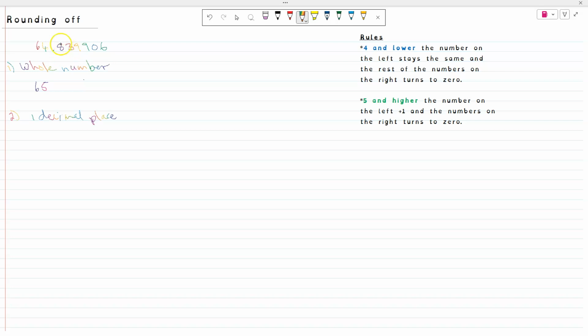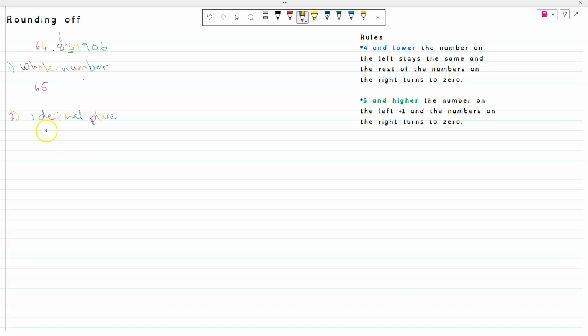This is the first decimal place. Okay, so we're looking at this one over here, which means we need to see how much this one is. This one's going to change, but we're looking at this one over here. Okay, which means, is it 4 and lower? Yes, it is 4 and lower because it's a 3. So we now need to say that the number on the left stays the same, and the rest of the numbers on the right turns to 0, which means the 8 stays the same.